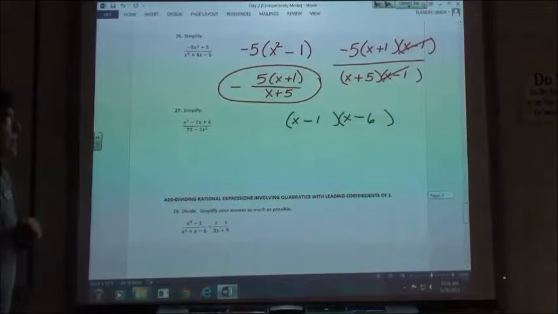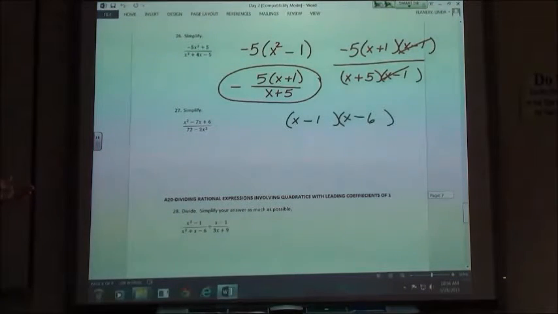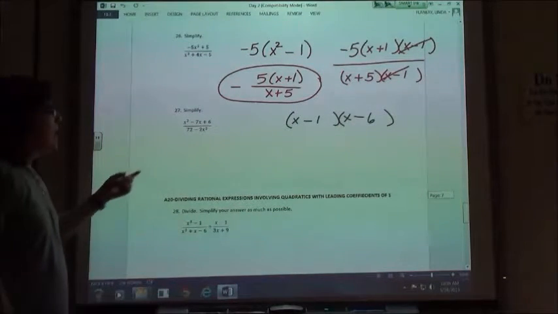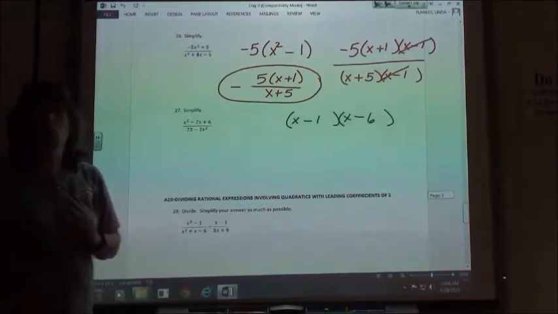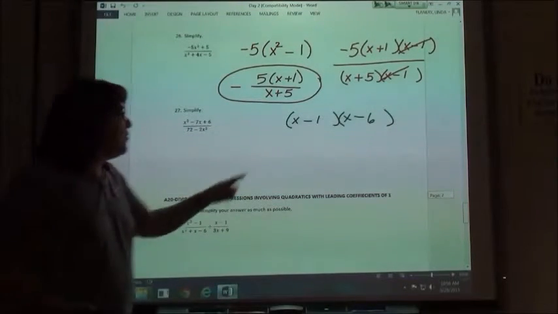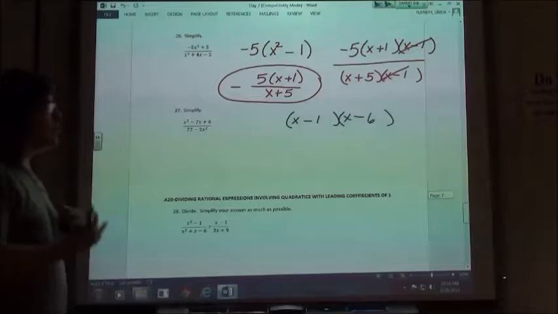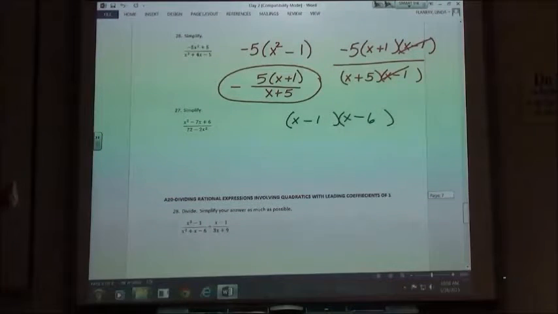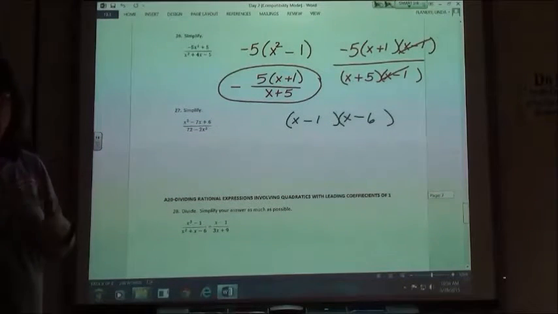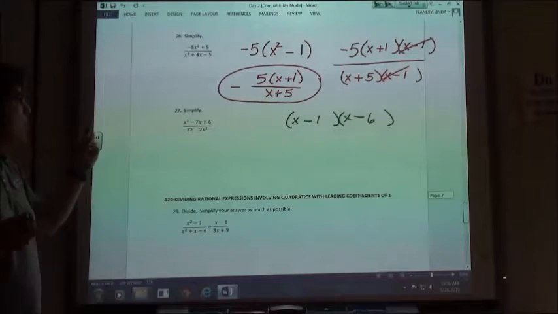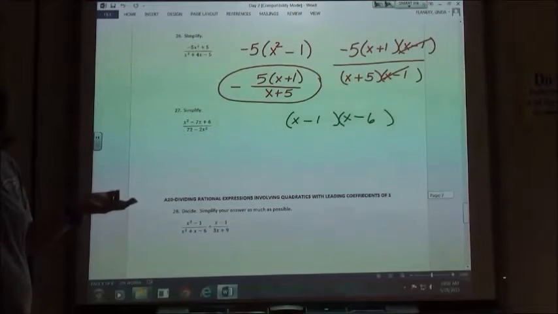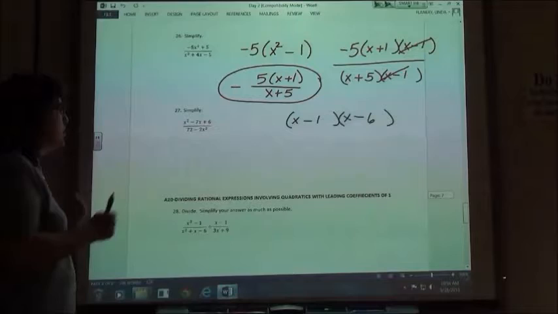On the bottom here, you have 72 minus 2x squared. Again, you can either factor out a 2 or a negative 2, but since I realize that I want to have my x's first when I factor, I want to switch that around. So the more practice you get at this, you'll say, oh, I probably should take the negative out instead of the positive so that I can flip that expression around.